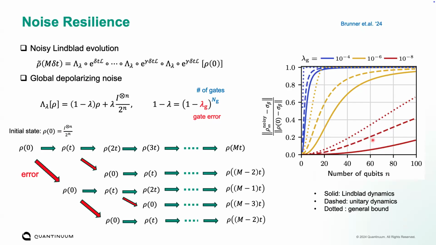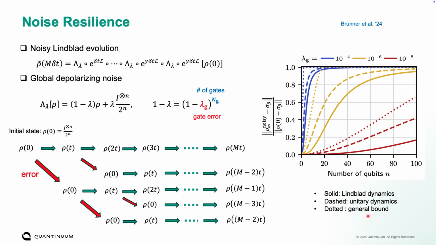The dashed curve corresponds to unitary dynamics that has the same number of two-qubit gates in it. So this just showcases how fragile unitary dynamics is against this kind of noise. On the other hand, Lindblad dynamics is very robust in comparison.